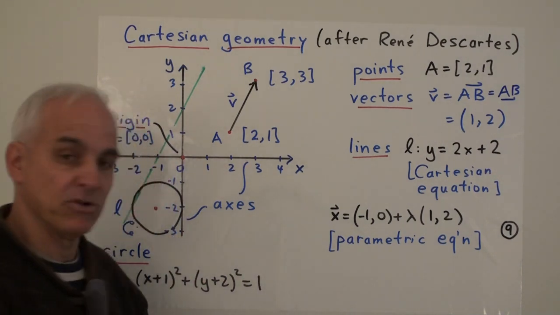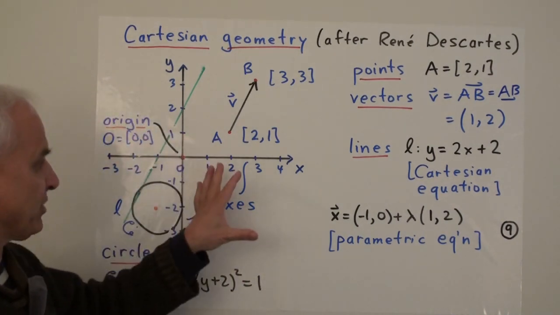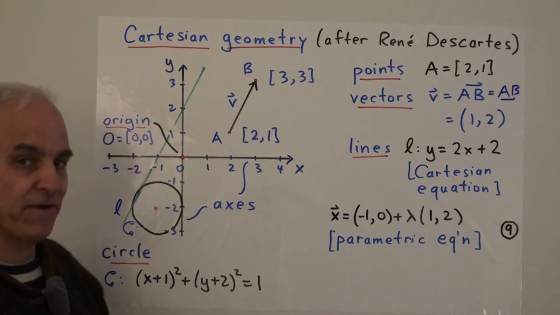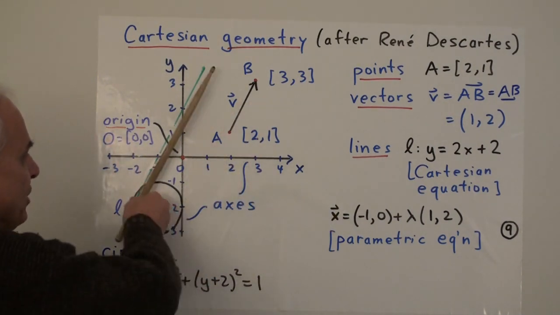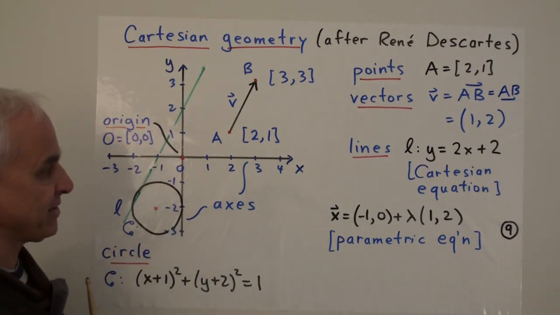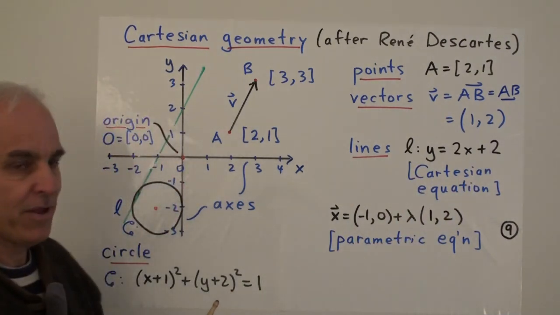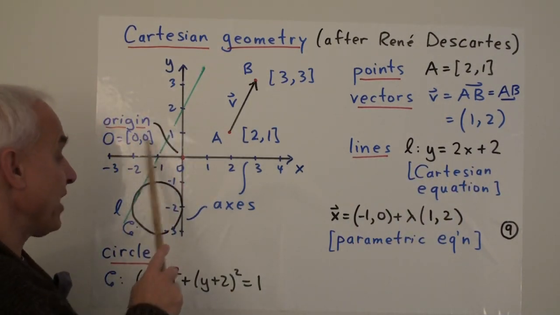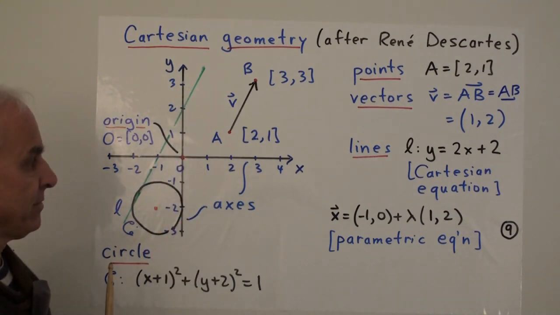So besides being able to describe points and vectors very efficiently, this setup allows us to describe lots of different objects. For example, lines. Here's an example of a line. And as Descartes realized, the line can be represented by an equation relating the x and the y coordinate of any point that lies on it.